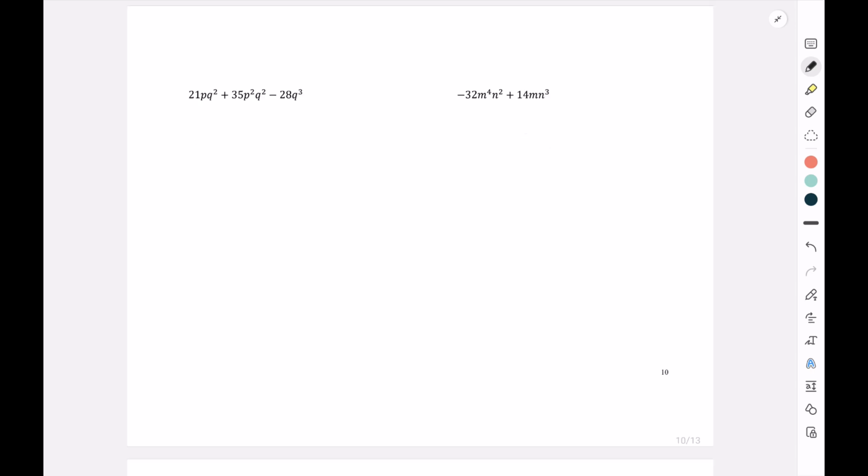So next, we're given 21pq squared plus 35p squared q squared minus 28q cubed. And so we want to pull out what's in common within the numbers and the variables. So we can see that we have a 7 in common, and we also have a q squared in common.